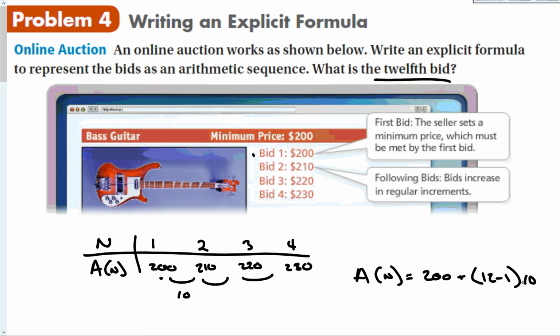Even though it might look a little weird to put this number next to this parentheses, these two numbers we're going to be able to combine to get 11, and then we just want to make sure that we multiply by 10 after that. So the 12th bid, A of 12, would be 200 plus 11 times 10, which would be 310.